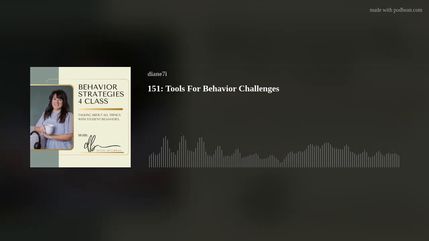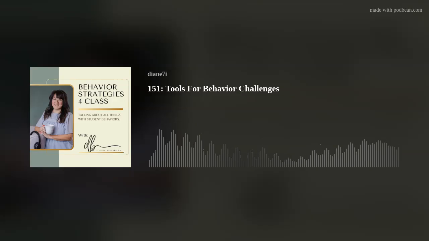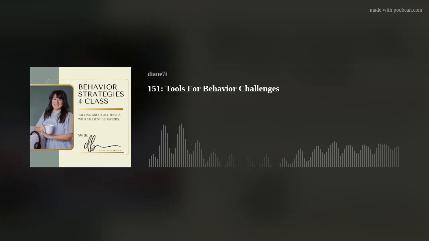And other students are excited when they get to clip up. It's kind of all over the place as far as how beneficial it really is in teaching or reinforcing that positive behavior. But it's definitely worth a try. And maybe you use it already and it does work for you, and that's great.